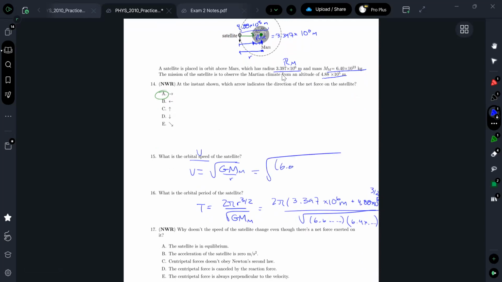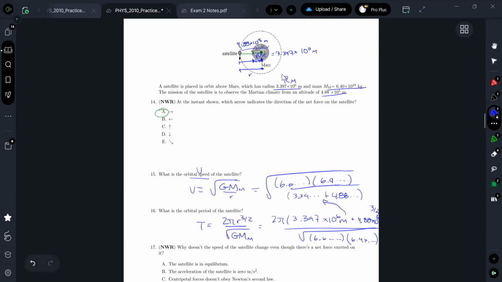That'll be 6.67, and the mass of Mars that's given up above. And then again, what I get from adding these two terms, the altitude and the radius of Mars, I add those together. 3.39, whatever, plus 4.88, whatever. That's all under the square root. So that's 15.